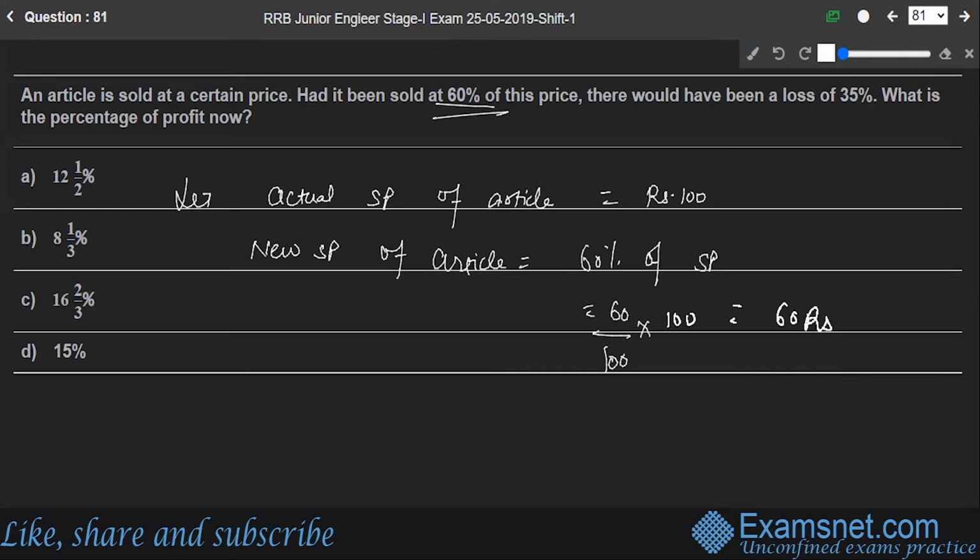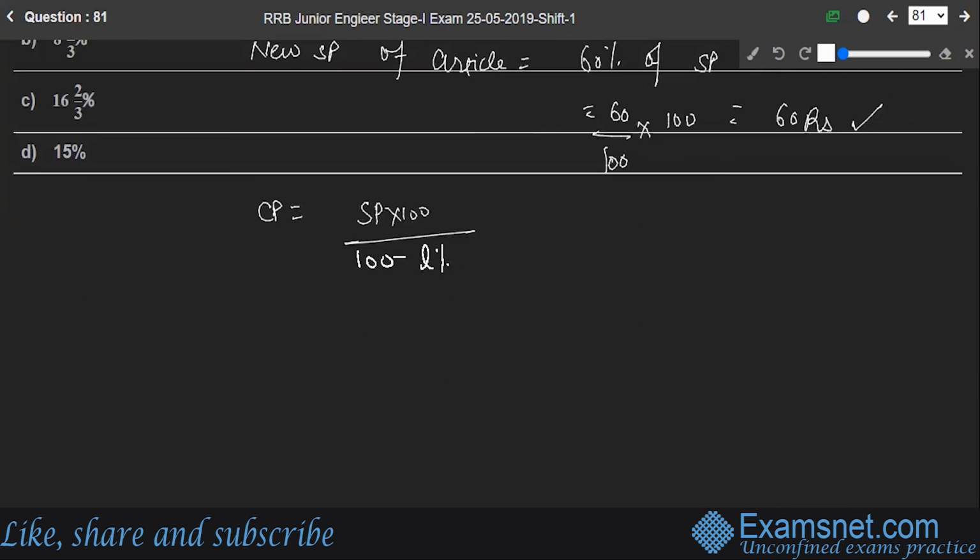Correct. So if the article had been sold at 60 rupees, there would have been a loss of 35%. The cost price is equal to selling price into 100 divided by 100 minus loss percent. So the cost price is equal to 60 into 100 upon 100 minus 35, which is equal to 6,000 upon 65.